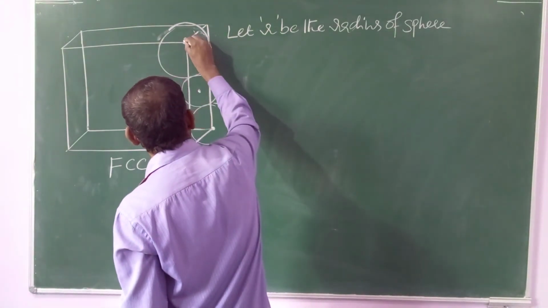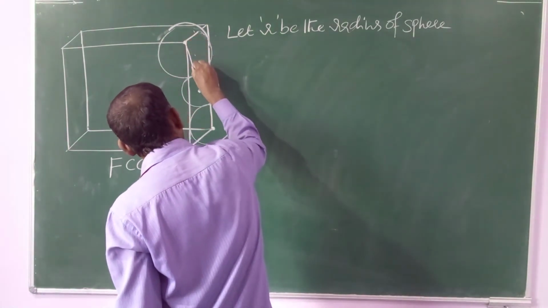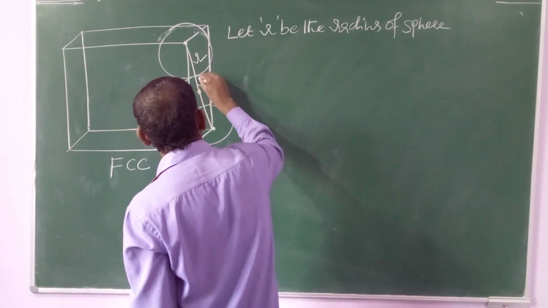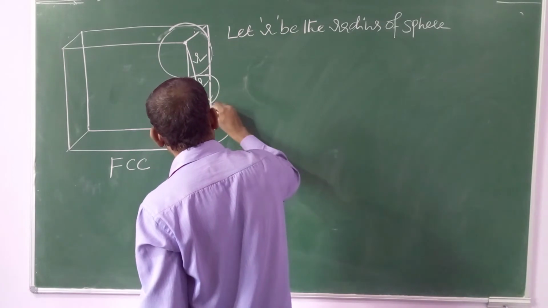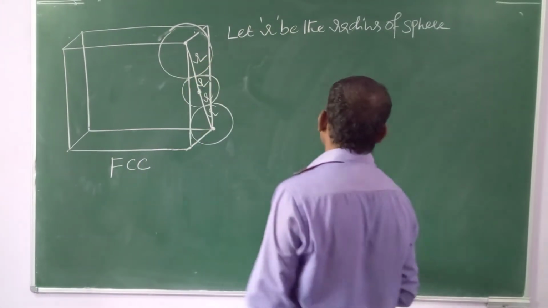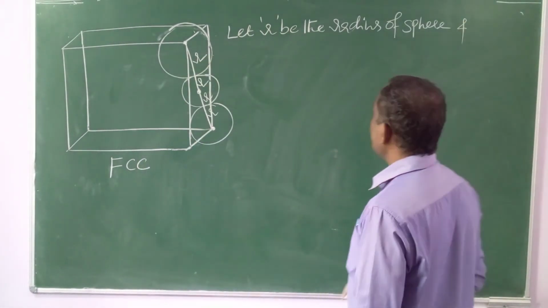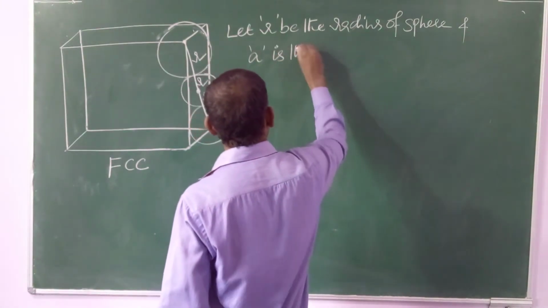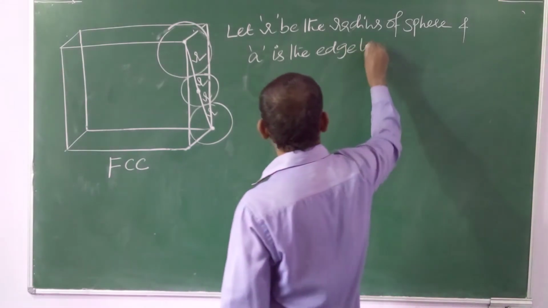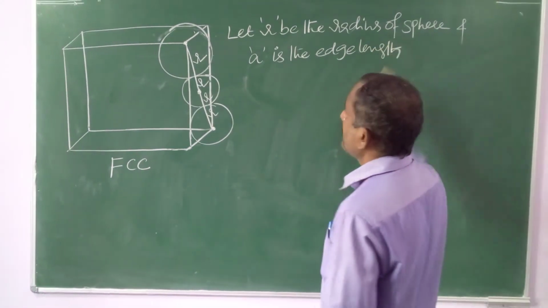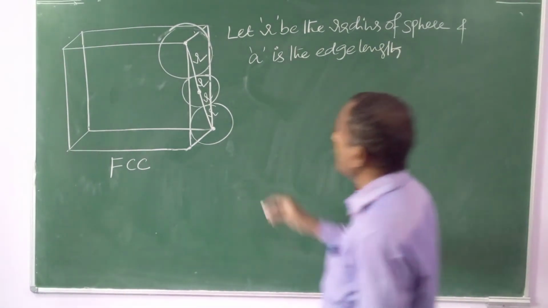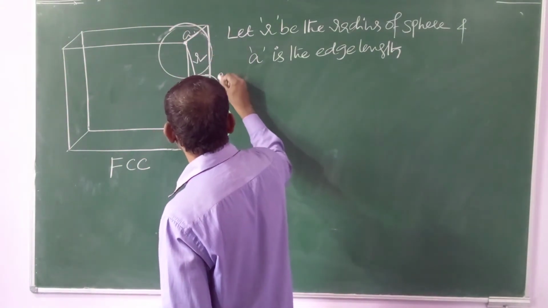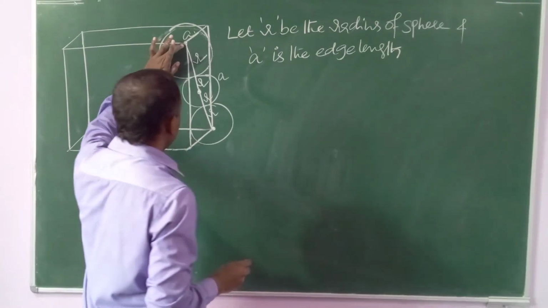Radius of sphere is R. So R is the radius of the sphere and A is the edge length. For derivation purpose, R we are considering as the radius and A is the edge length. Edge length means this A. This is also an edge A. So A is edge length, R is the radius.